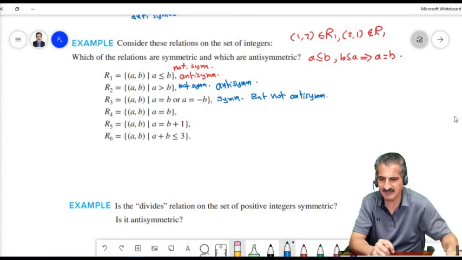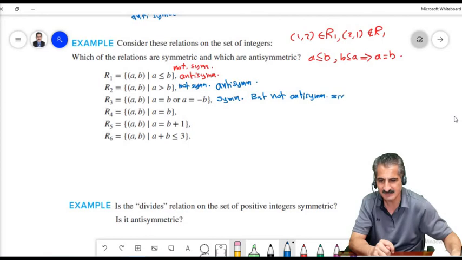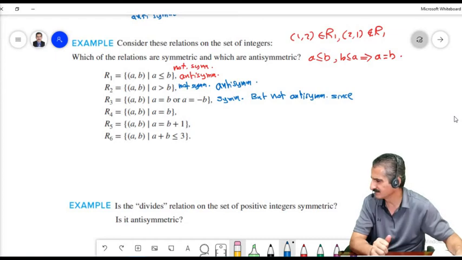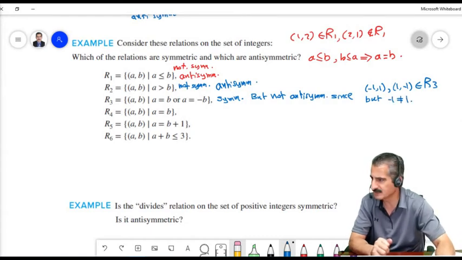The ones who said it is not antisymmetric, you must give me an example. Give me numbers. Thank you, Sumaya. Because negative 1, 1 and 1, negative 1 belong to R3, but negative 1 does not equal 1. So it is not antisymmetric.